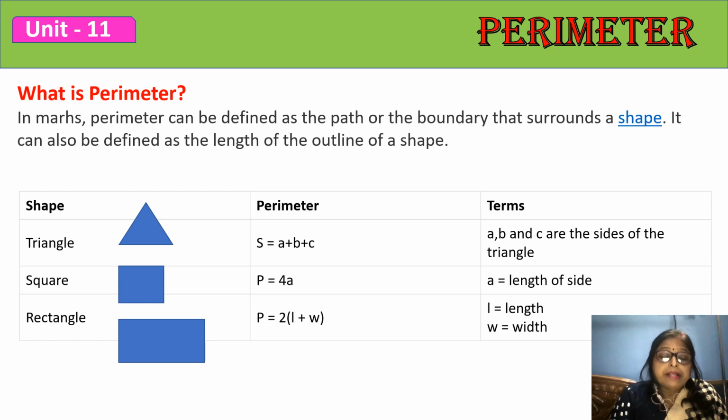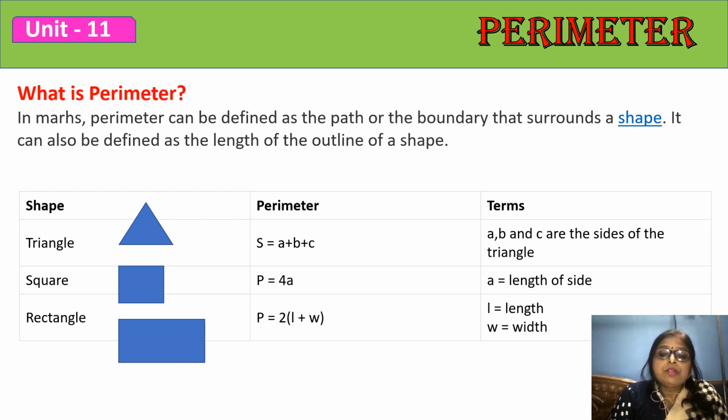Next one, rectangle. It means a rectangular shape. Then there are length and width, or breadth also. So P, denoting the perimeter, is equal to 2 into L plus W. You add length and width and multiply it by 2, then you will get the whole length around that rectangle.